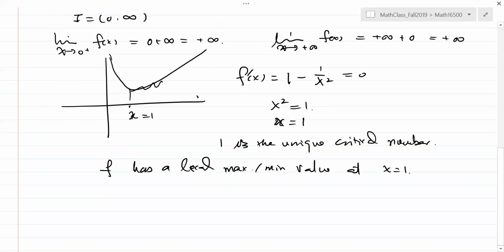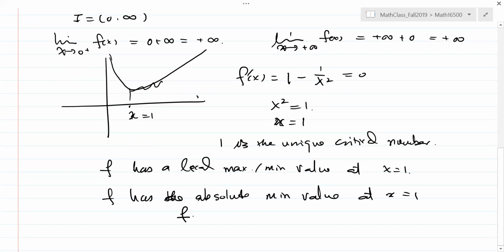But since we already know the graph, two ends go to positive infinity, so then you can conclude that this is not just a local minimum value, it has an absolute minimum value. So the function has the smallest value, right? It has an absolute minimum value at x equals 1, and the value is going to be 1 plus 1 over 1, which is 2.